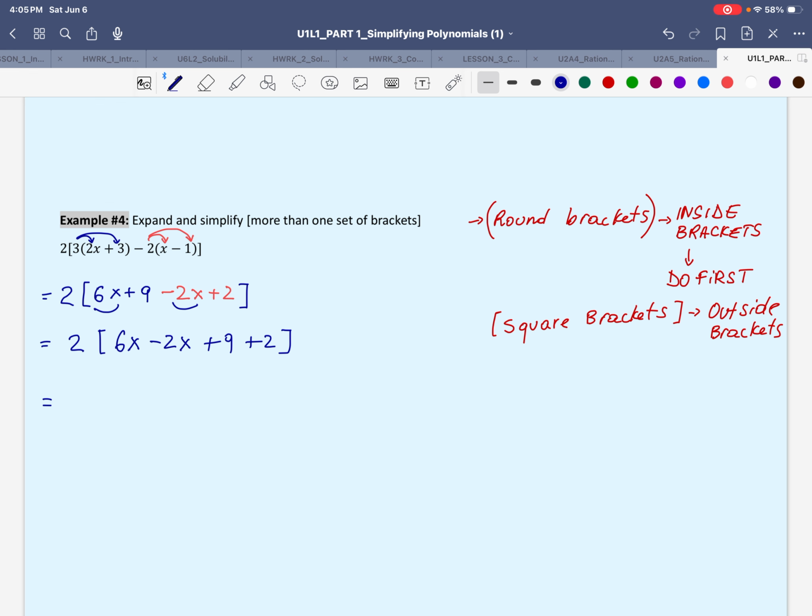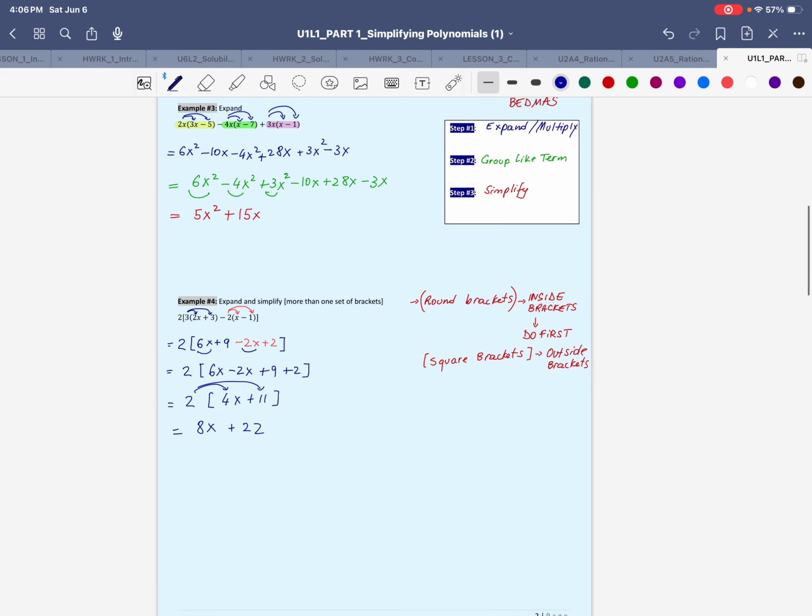So in grade 11, you should be able to do this quickly. And we have plus 11 here. Now, lastly, we will have to expand the brackets. 2 times 4x, that's 8x, and 2 times 11 is 22. And the terms are listed from highest to lowest degree, and this would be the final answer.